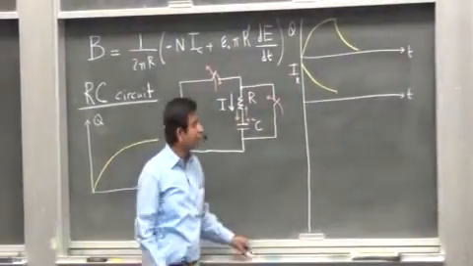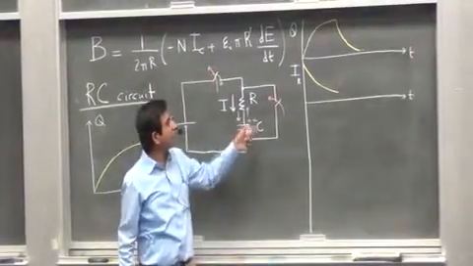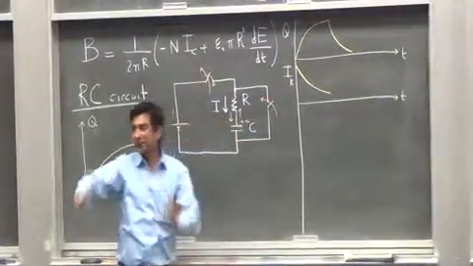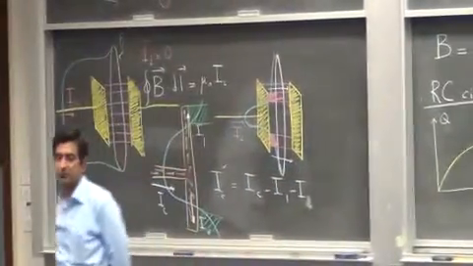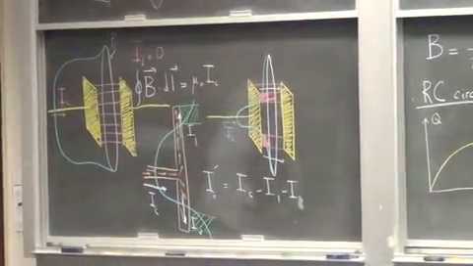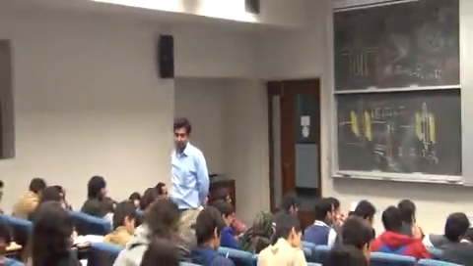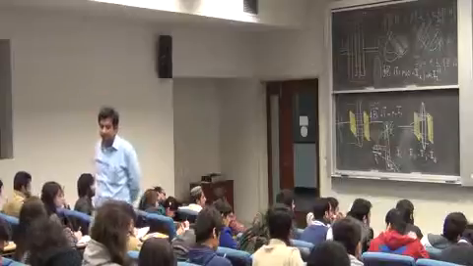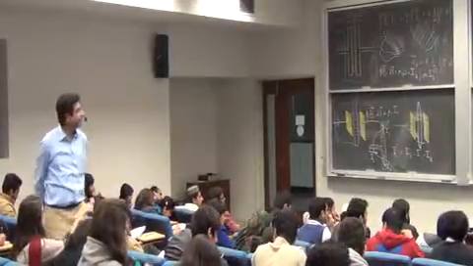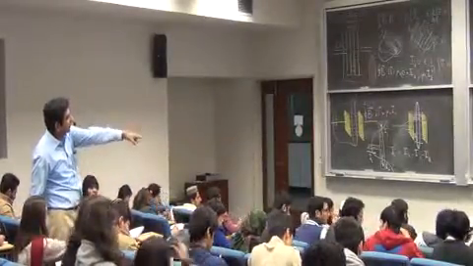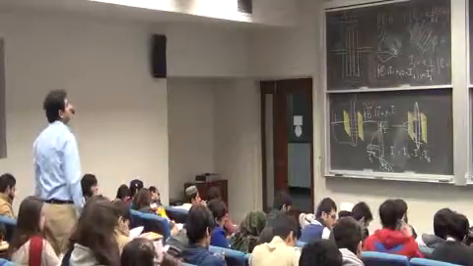Could you please plot in your notebooks what's going to happen to IR when I reverse the switches? I close the right switch, open the left switch.